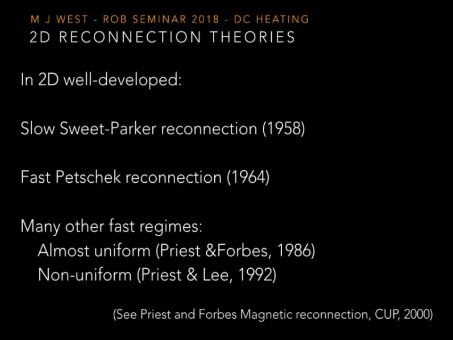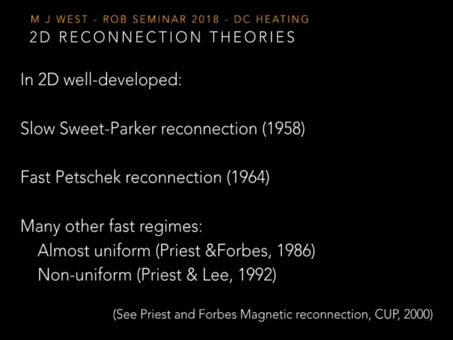By doing this, it increased the speed of this 2D reconnection. There have been more iterations of this. There's more than what I put up here, but Priest worked on this a lot throughout the 80s and the 90s. I recommend looking at this book by Priest and Forbes from 2000 for a thorough review of 2D reconnection.